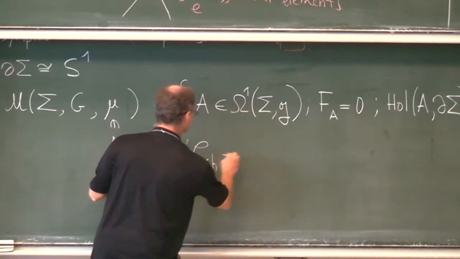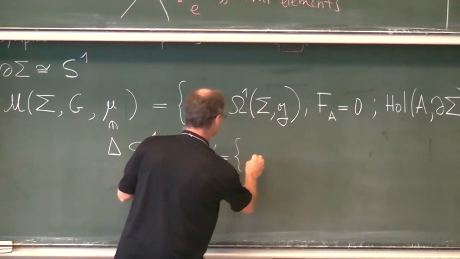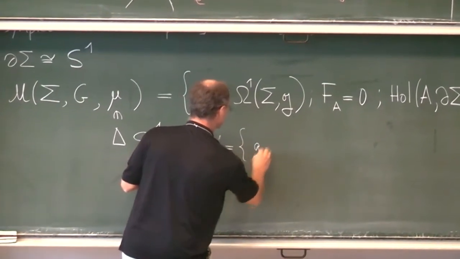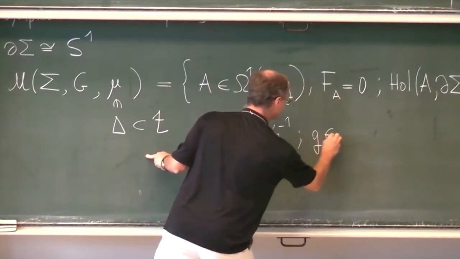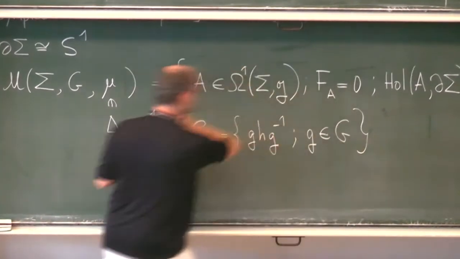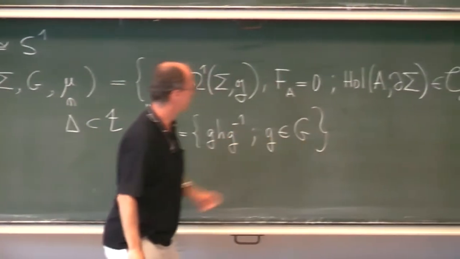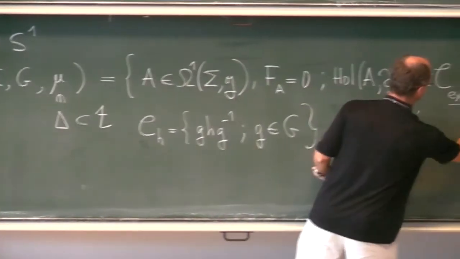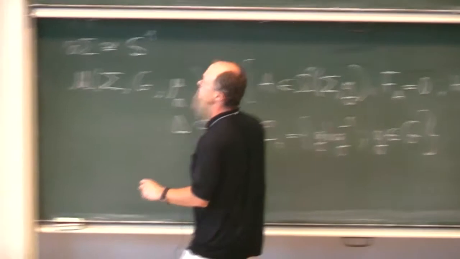So curly C, by definition, is the set of conjugates of an element h in G, and here this exponential of mu is an element of the torus.